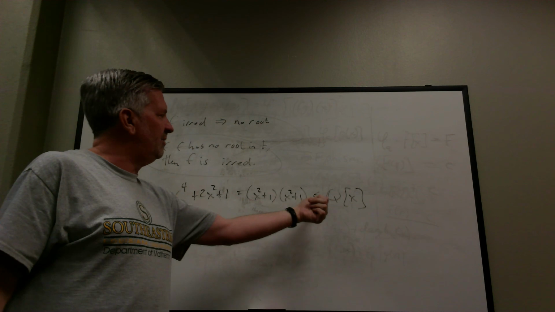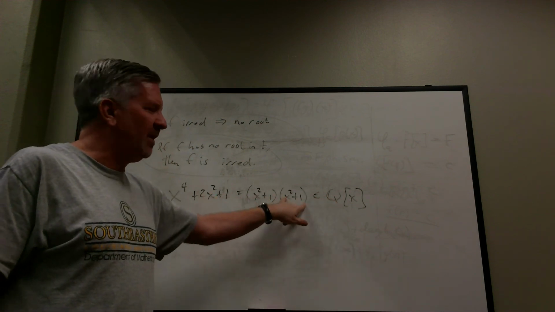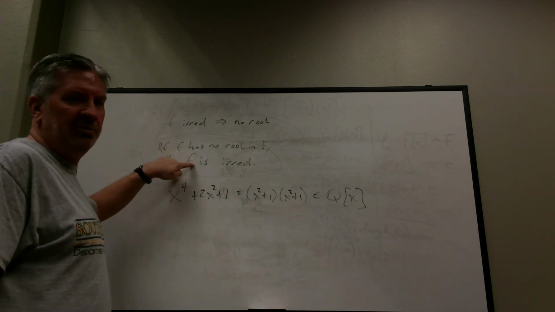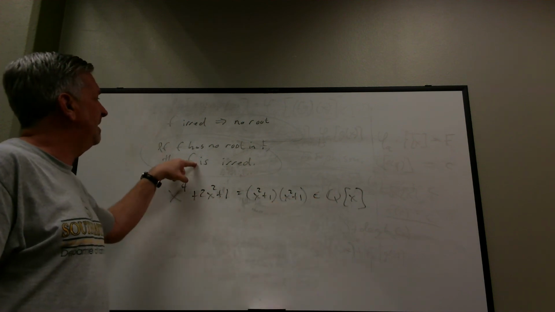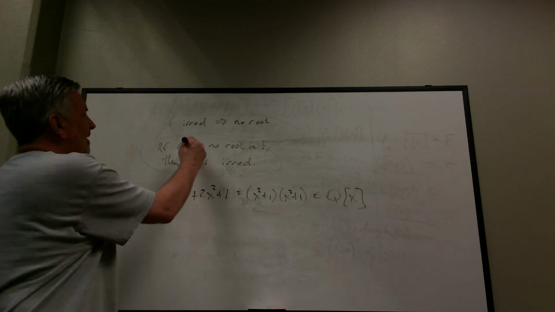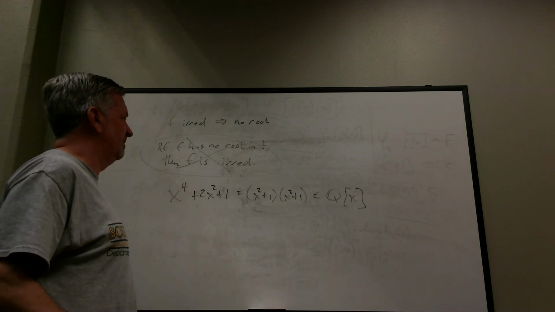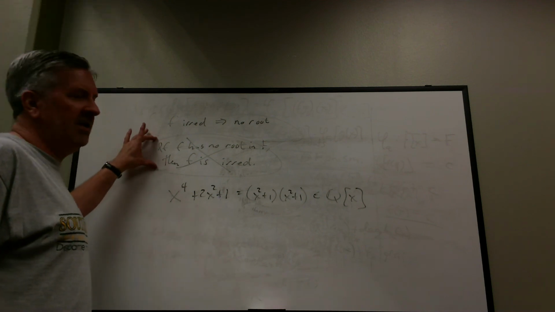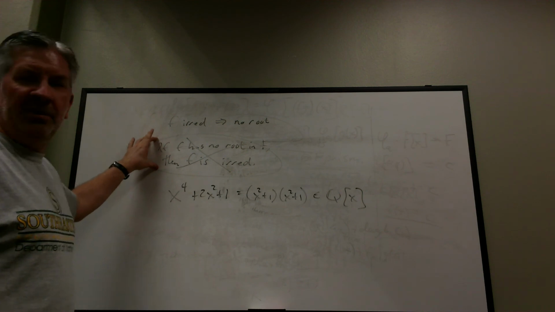But notice there is no root of this in Q, because the roots are plus or minus i. So just because there's no root doesn't mean it's irreducible. This polynomial does not have a root in the field Q, but it's reducible. So this is not true, okay? So you cannot use this result to show irreducibility. Now, the good news is, this result is true for a polynomial of degree 2 or 3, and we'll continue that in the next video.